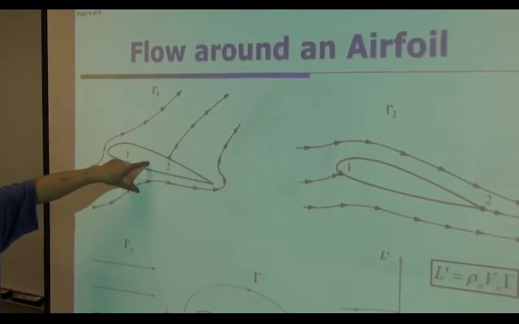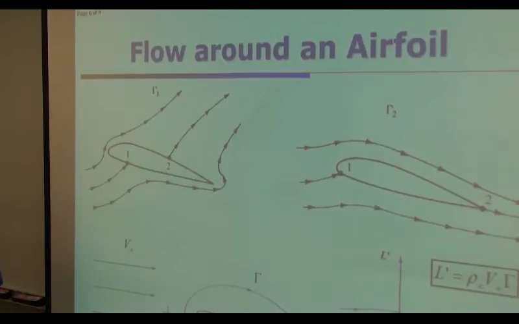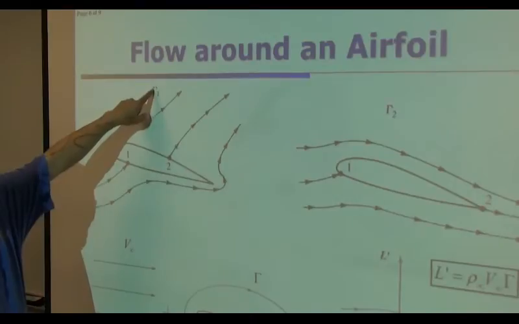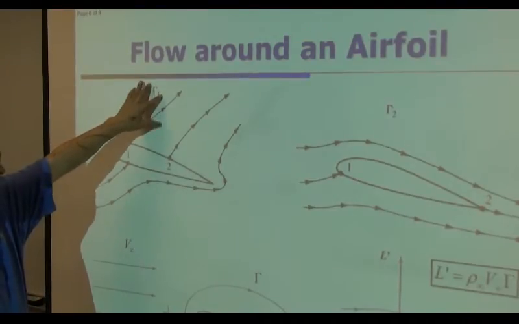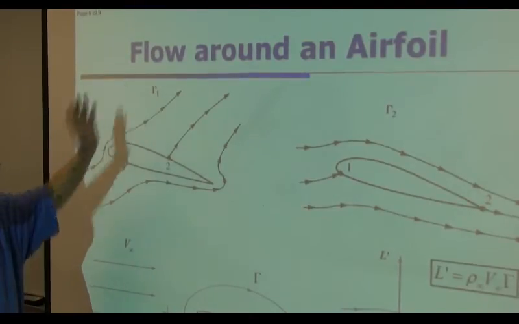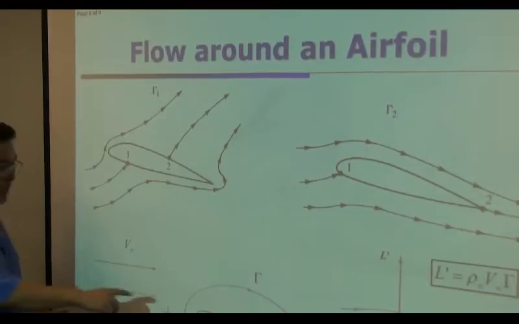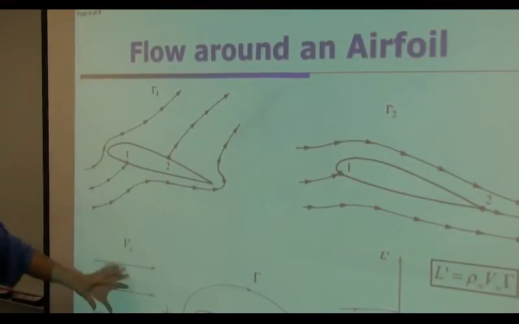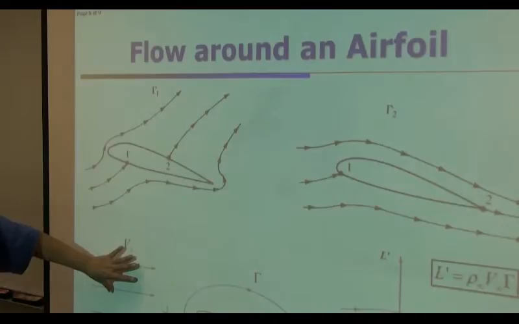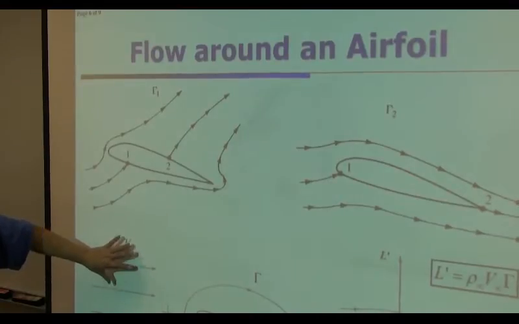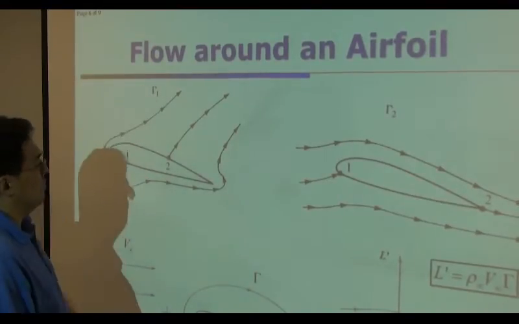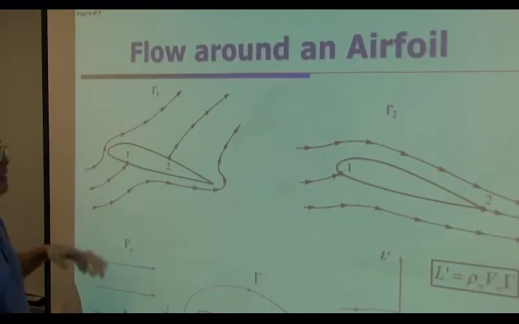Basically, the source panel method does not constrain the amount of circulation within the flow field. The amount of circulation within the flow field is computed purely by the shape added together with the incoming uniform flow. It is going to determine circulation based on the shape and angle of attack.